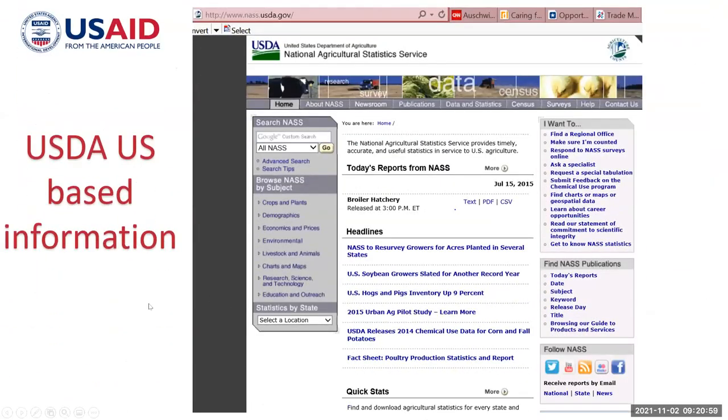If you're US focused and have an opportunity to sell product to the US, the USDA has a site. It has information on prices. Within here there are charts and maps. They have prices at the import terminals. So I can look and see what the price of tomatoes is in Philadelphia today, or cherries.